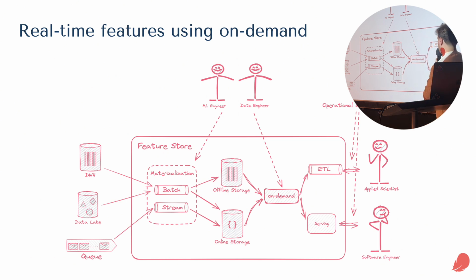And you ask your consumers, hey, can you provide some data in the request so I can give you other features in the final feature vector? And this is a really good case for operational data that is very important for your models.